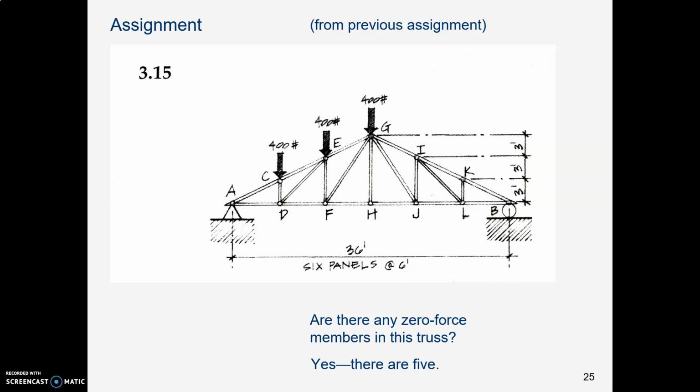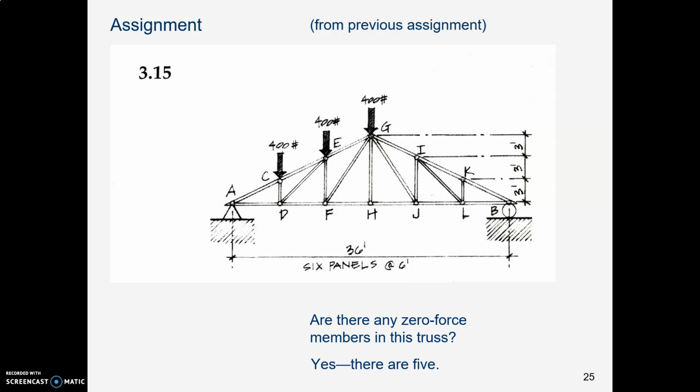I bet it will. And so on and so forth. You'll be working your way across the truss and you will find out that 5 of those bars are zero force members and you don't have to think about them. So let me know if you get flummoxed by this, and we'll talk about it some more.